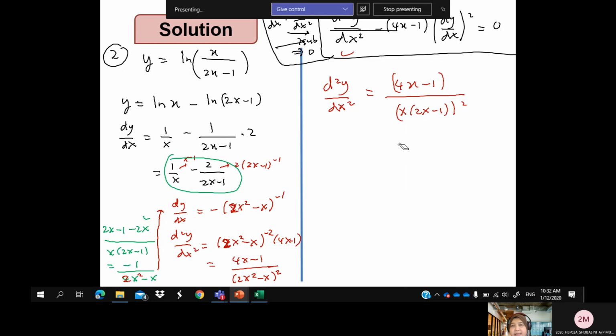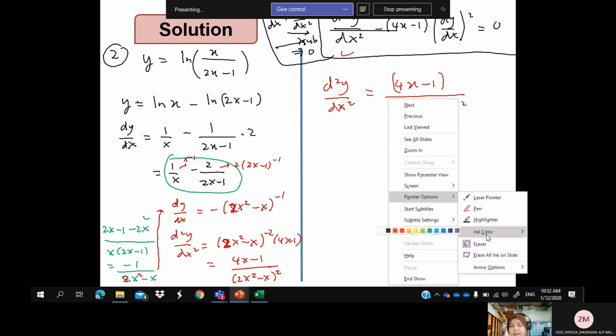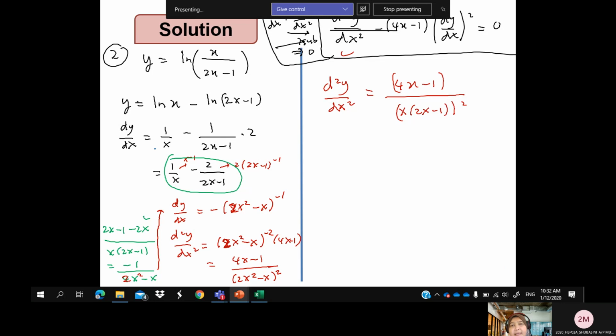It's better. d2y dx squared minus 4x minus 1. Rewrite this, 1 over x. Or I do it like this, you see this is clear? 2x squared minus x squared, is equal to 0.